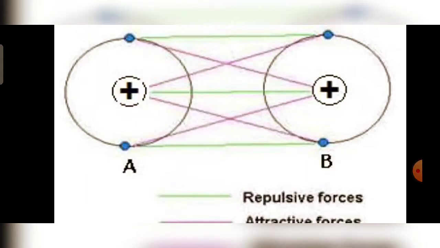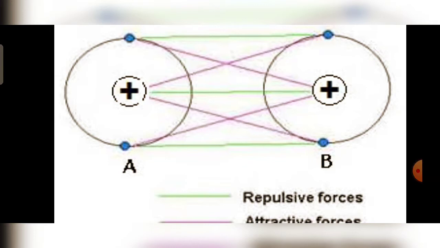Listen girls, I have already discussed that when two atoms approach each other in a covalent bond formation, there are two forces: attraction and repulsion. The green line is representing repulsive forces, and the purple line is representing attractive forces.